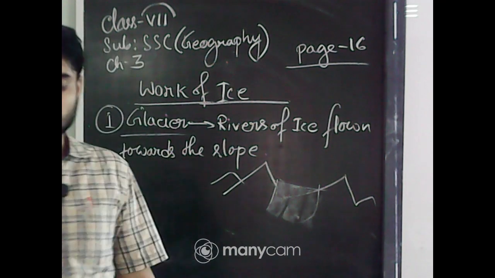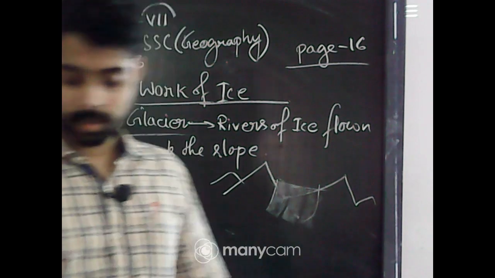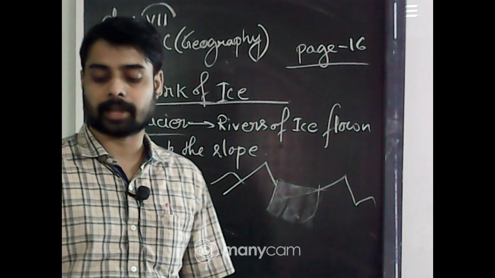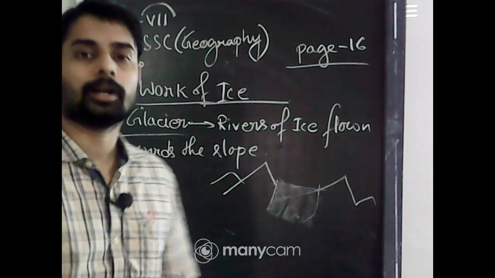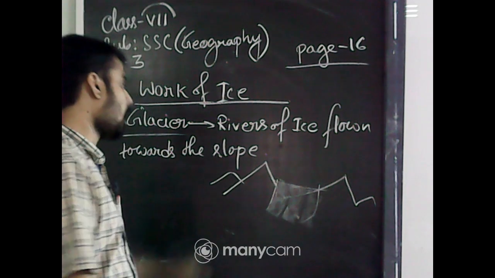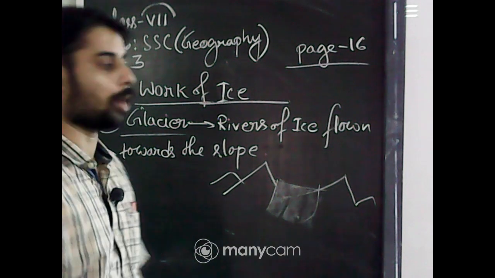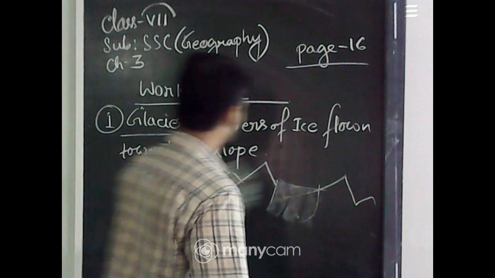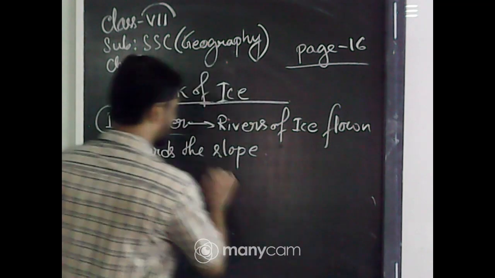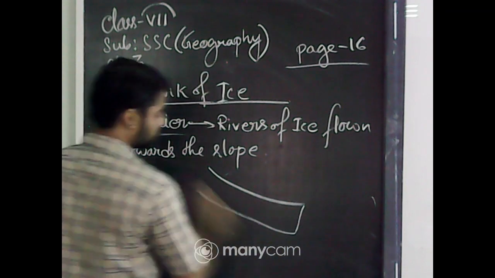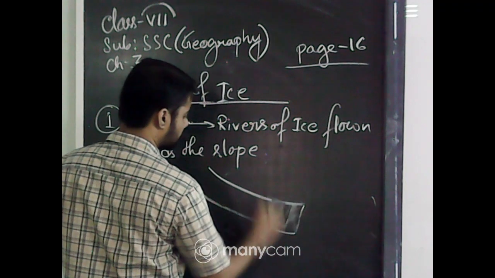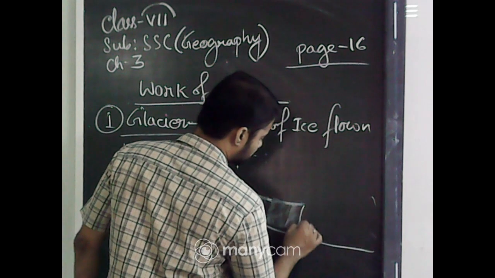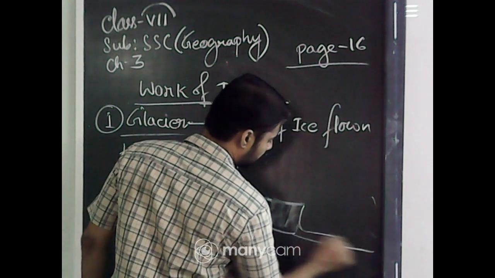These rivers of ice erode the landscape by bulldozing soil and stones and expose the hard layer of the rocks in the mountains. And what is bulldozing? With this picture you can understand. This is the river of ice, the glacier, and this is the layer of the rock.